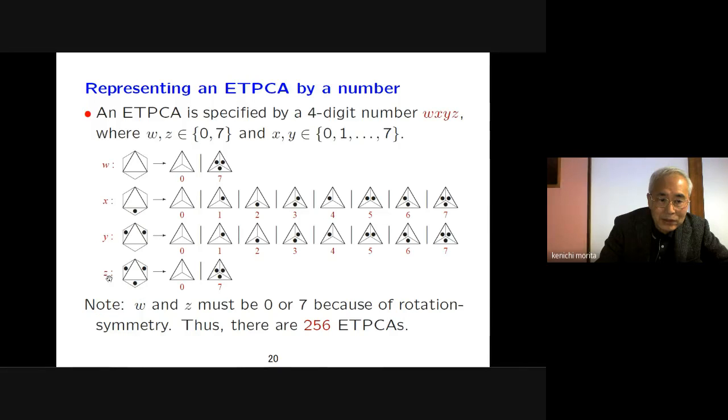But X and Y can be any one of these 8 possibilities. And we can choose any combination among these possibilities. Therefore, there are 256 ETPCAs in total.